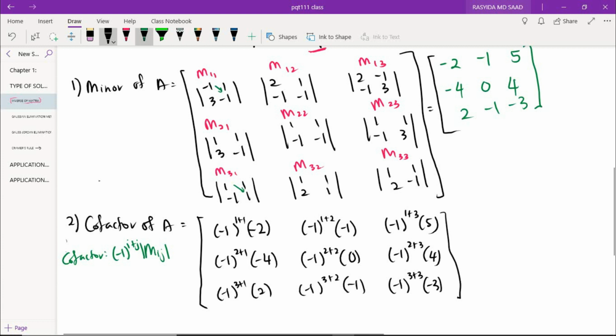Okay, this is our cofactor. We need to solve it to get the answer. Or you can see it from here.